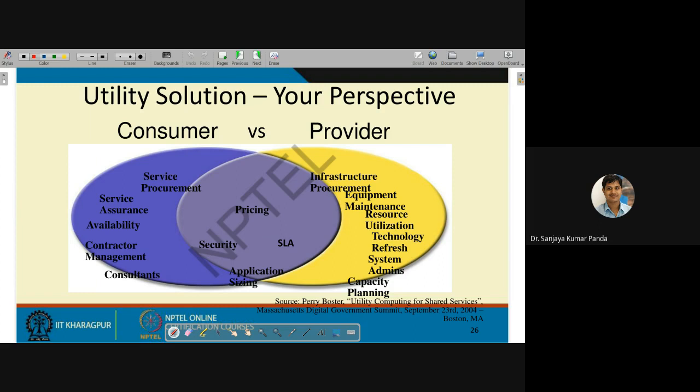Consumer has a certain requirement, provider has something to give. So they need to meet at a particular point. Like I mentioned about Amazon Web Service, you are creating an account in Amazon Web Service or requesting some service, right? So that is also a marketplace. Suppose somebody says, I am going to use Google Cloud.